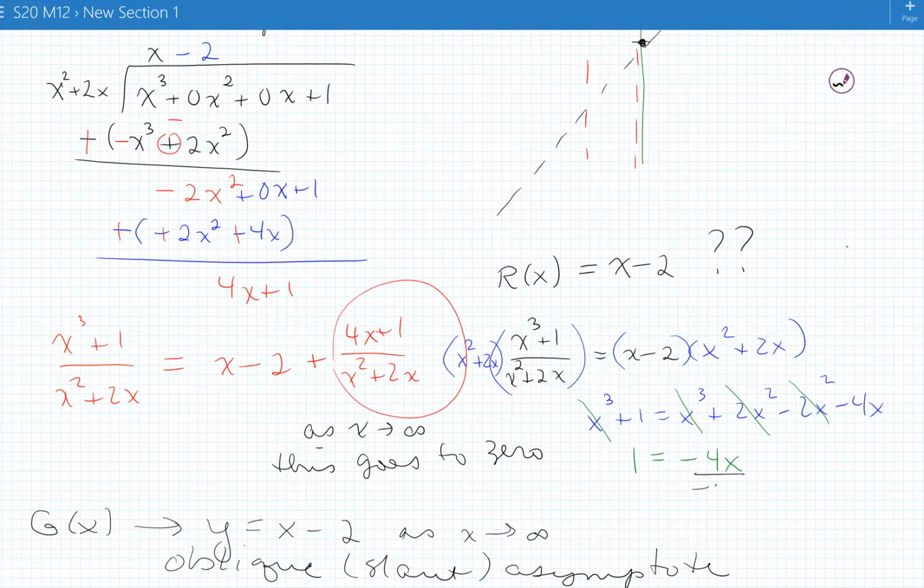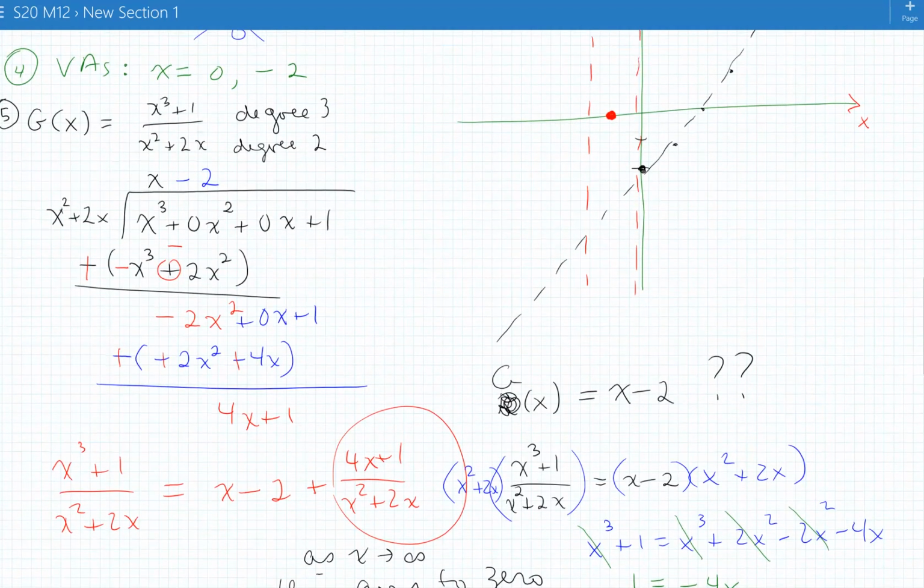So it turns out that when x equals negative 1/4, g of x, sorry, this is g of x, intersects the oblique asymptote. So when x is negative 1/4, there's a point right here where the graph intersects the oblique asymptote. So it is possible for a graph to touch or cross horizontal and oblique asymptotes, but not vertical asymptotes.